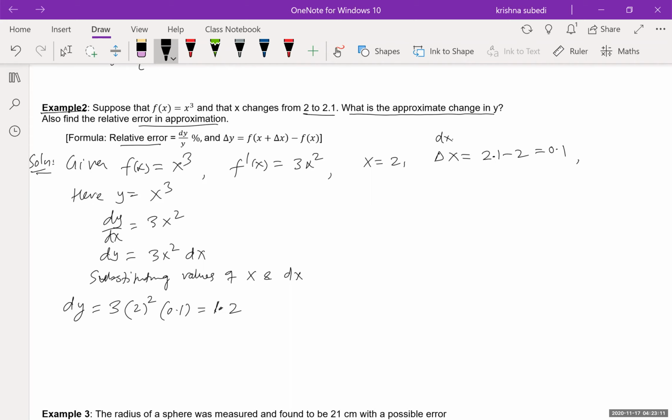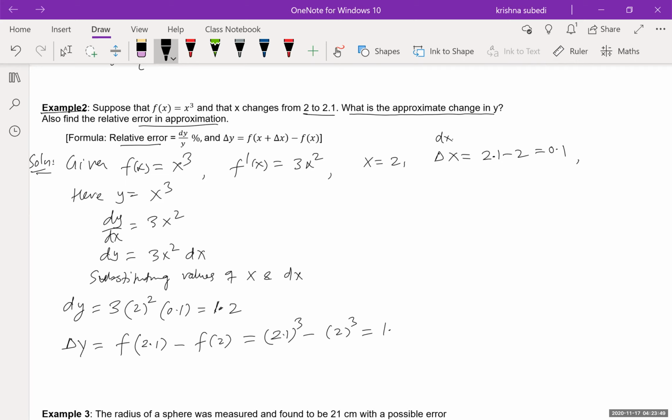This is your dy. Now, what is delta y? Delta y is the actual change in y. That means delta y equals f of 2.1 minus f of 2, which is 2.1 cubed minus 2 cubed.